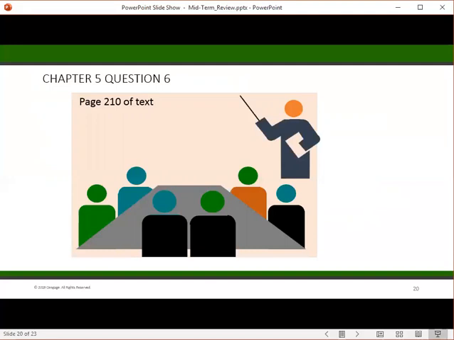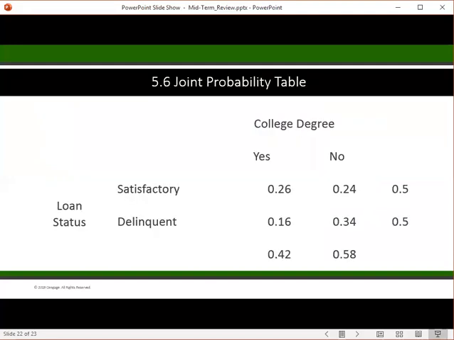So let's go to the next slide, and we see that joint probability table. Okay, and then there's a series of questions we can answer using the joint probability table.